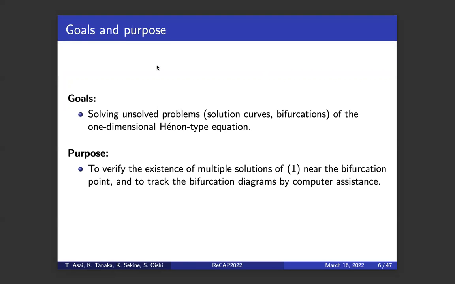The goal of this study is solving unsolved problems like solution curves or bifurcations of the one-dimensional Hénon-type equation. And the purpose of this study is to verify the existence of multiple solutions of the Hénon-type equation near the bifurcation point and to track the bifurcation diagrams by computer assistance.